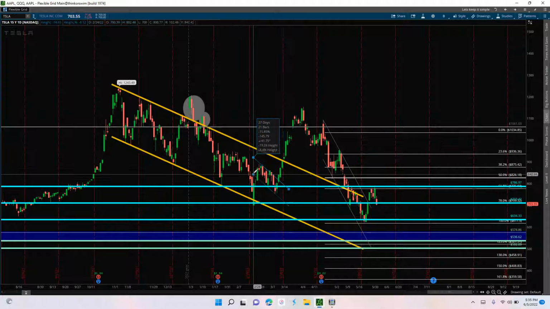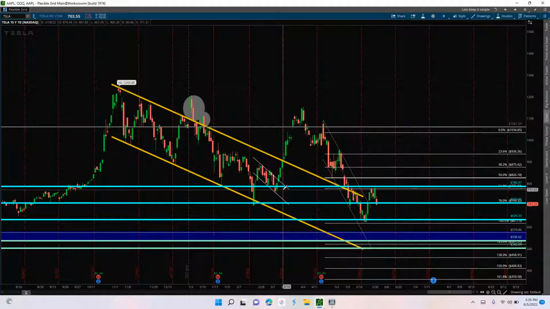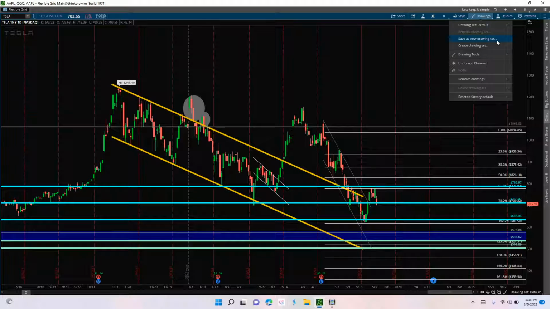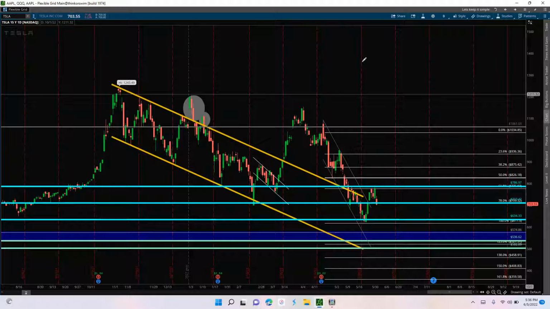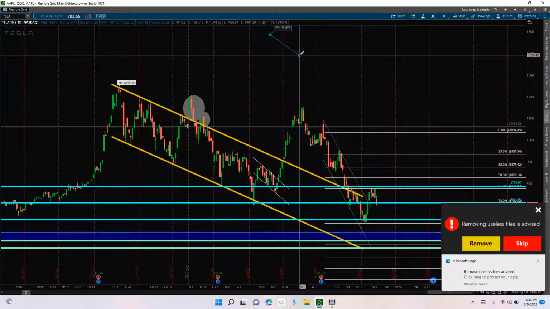But this is a channel that it did on a pullback. So if you look at your patterns, this is a bull flag, a bull continuation flag that usually plays out the way it did. Up, down, boom. And this is how it looks. You got your downtrend channel, right?